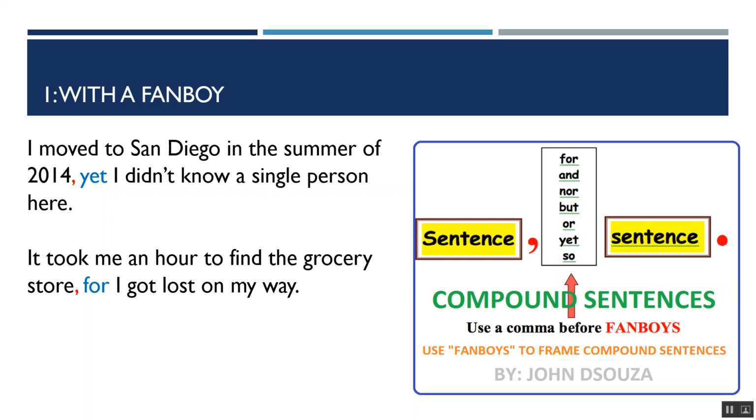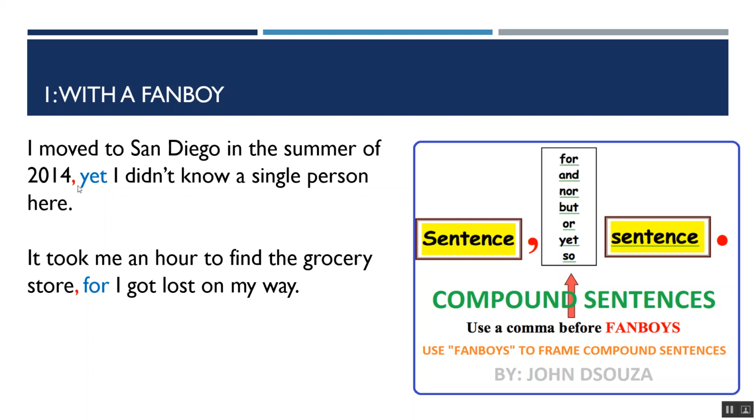So if you use a fanboys, what you do is you have your first sentence, you have a comma, you use the fanboys that is appropriate, and then you have your second sentence. So for example, I moved to San Diego in the summer of 2014. Yet, I didn't know a single person here.